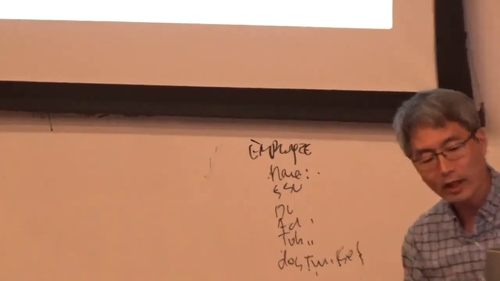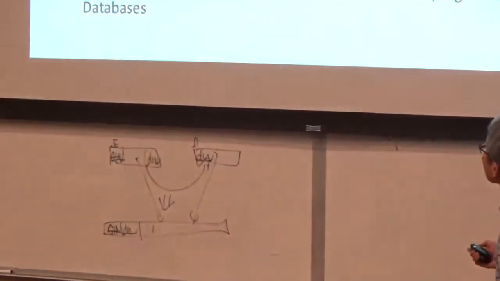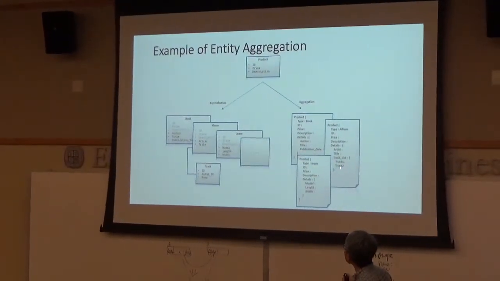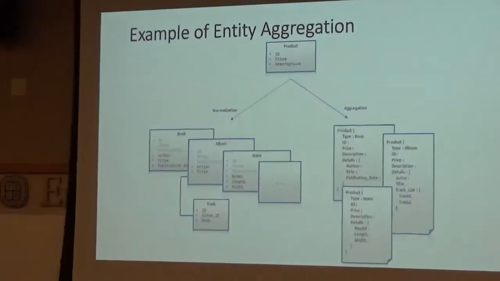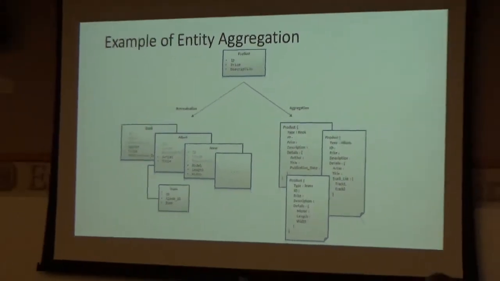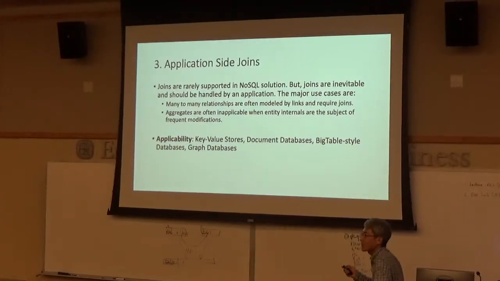However, in this case, if we need to aggregate all the details of the information, it will be much more complicated. So sometimes we cannot aggregate. We should not aggregate. Instead, we can use the application side join.